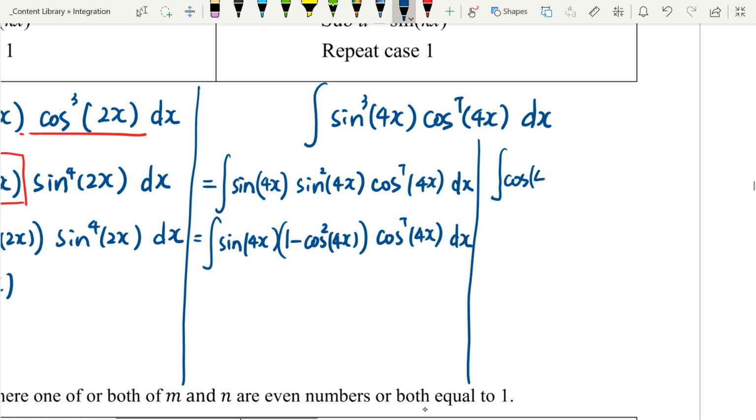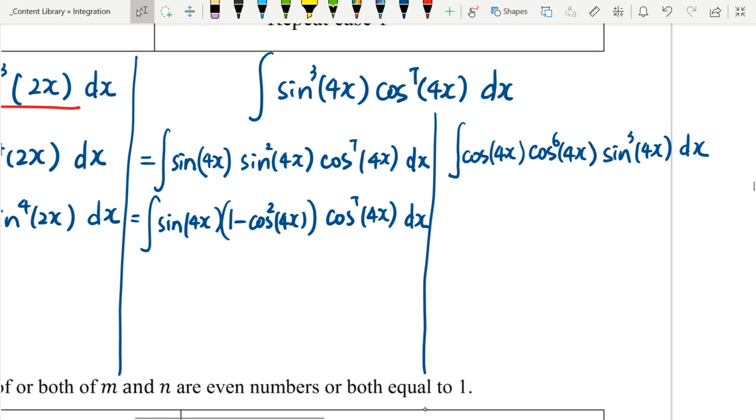But if I change the larger one, I'll have that. So I'll keep this cosine here, but the power of 6 is the power of 2, then to the power of 3.